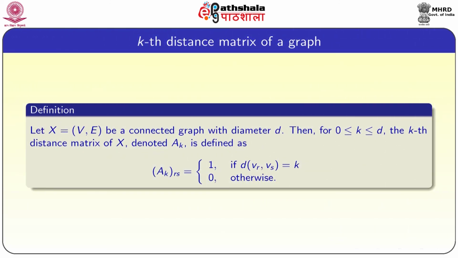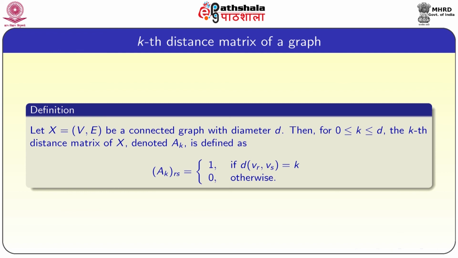Now, we are going to define the kth distance matrix of a graph. Let X equal (V, E) be a connected graph with diameter d. For 0 less than or equal to k less than or equal to d, the kth distance matrix of X, denoted A_k, is defined as: the rsth entry of A_k is equal to 1 if the distance from V_r to V_s is equal to k, and 0 otherwise.